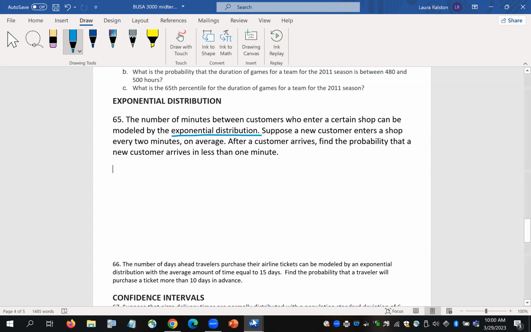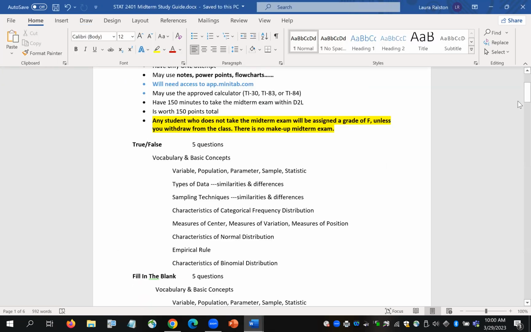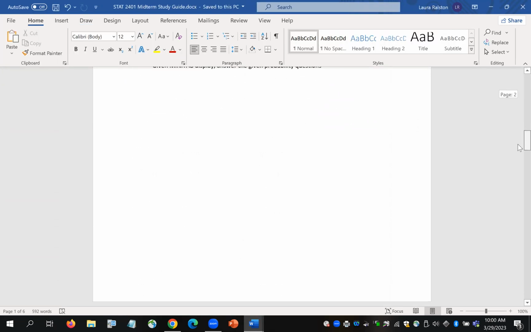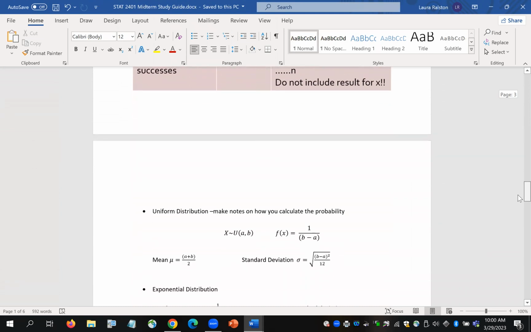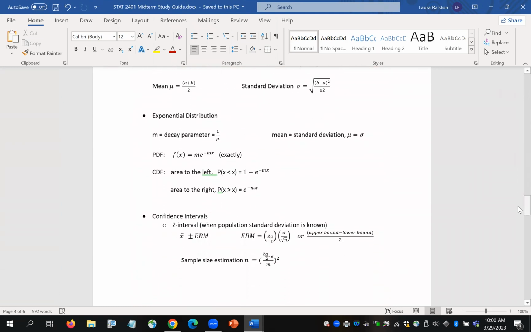It also will benefit you if you have the formulas related to the exponential distribution from the handout that I'm going to give you, or that I'll post. Okay, because we need the decay parameter, we need the mean and the standard deviation, and then it also gives us the formulas for calculating what we need, whether you have area to the left or area to the right.